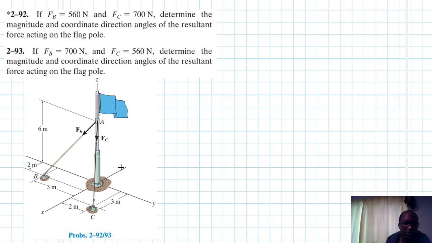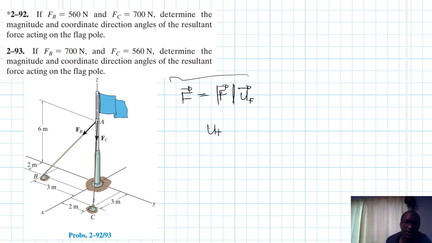First things first, basically how you are supposed to solve this: to find the magnitude, you need to convert this particular force magnitude into a force vector. A force itself is equal to its magnitude, if you want to convert it into a force vector, times the unit vector in that direction.